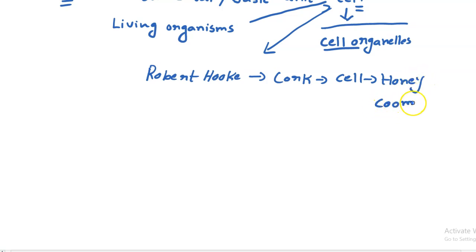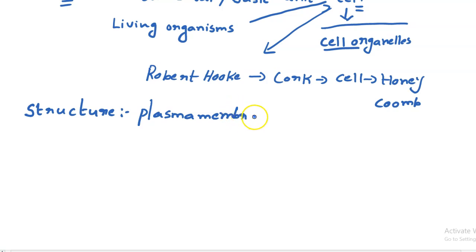Now, let us observe the structures that are present in the cell. Starting from outside, we observe the presence of plasma membrane, which is also known as cell membrane. Plasma membrane or cell membrane is made up of biomolecules, lipids, and proteins.